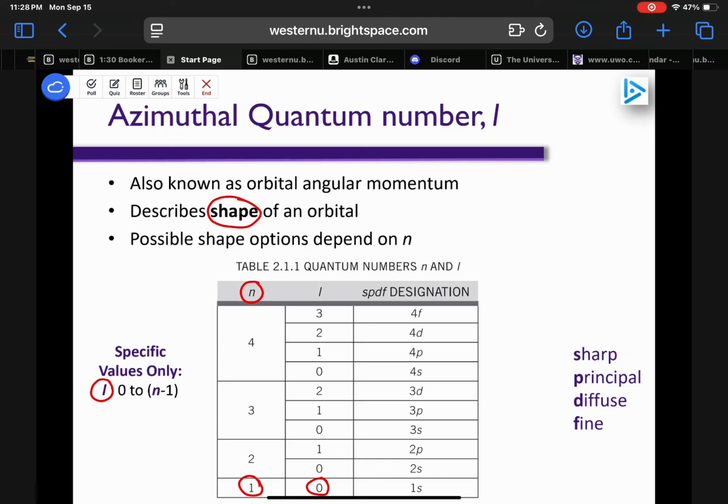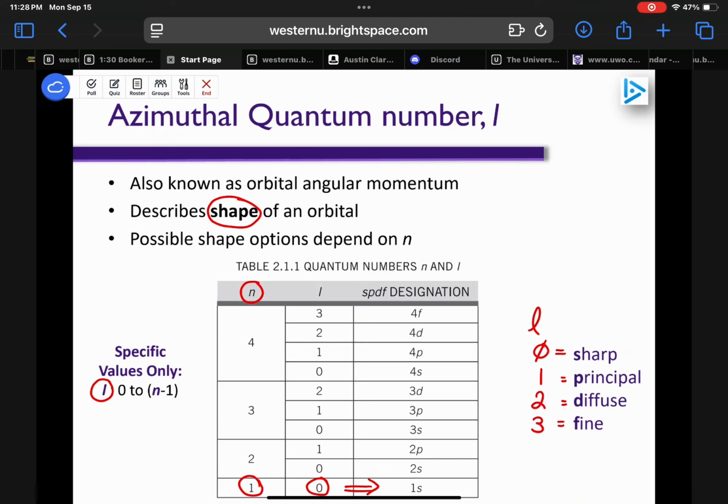Why do we care? How do we interpret that? As soon as we know that L equals 0, we know that we're talking about an s orbital. If L equals 1, we're talking about p. 2 is d. 3 is f.